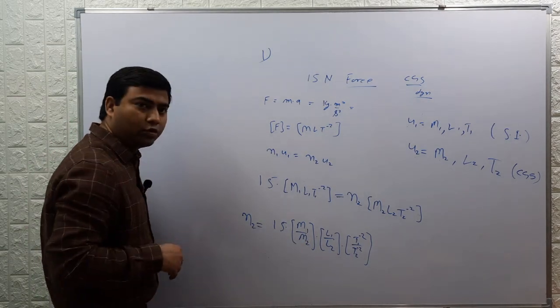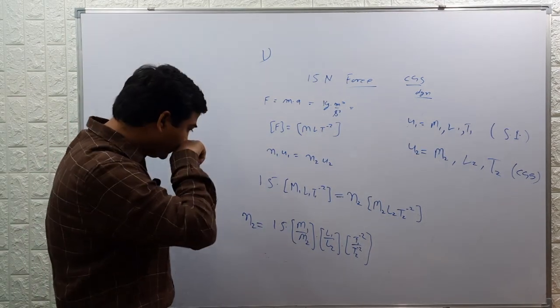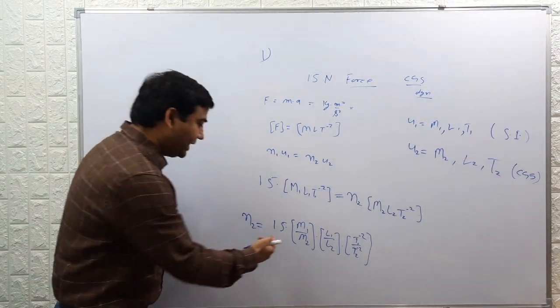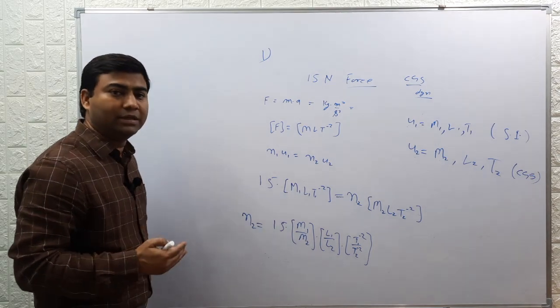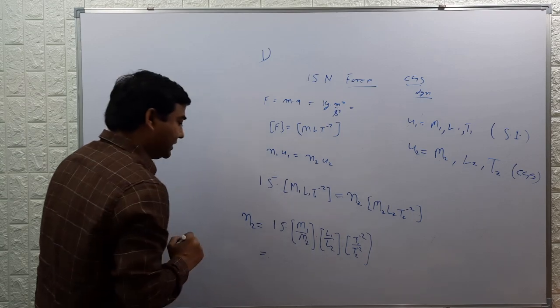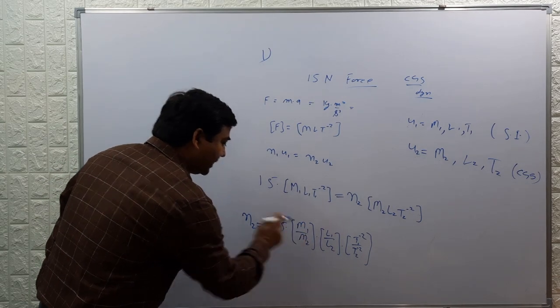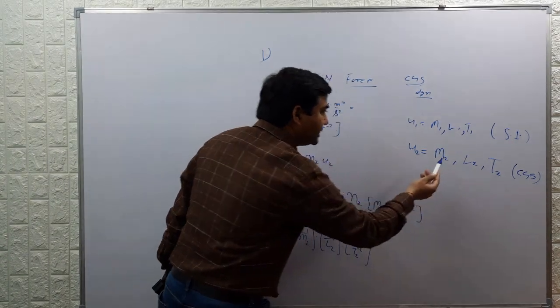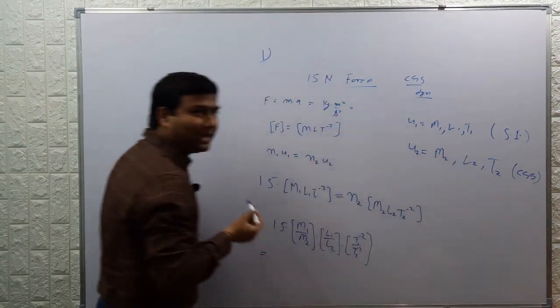As they obey rules of algebra, here M1 is meter and M2 is centimeter, because M2 is the unit in CGS system and M1 is the unit in SI system.